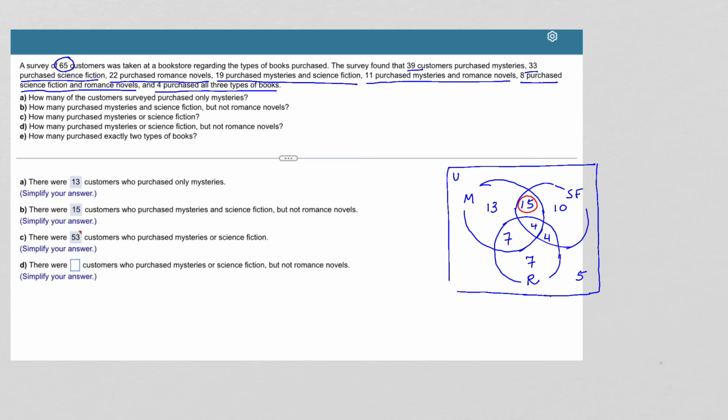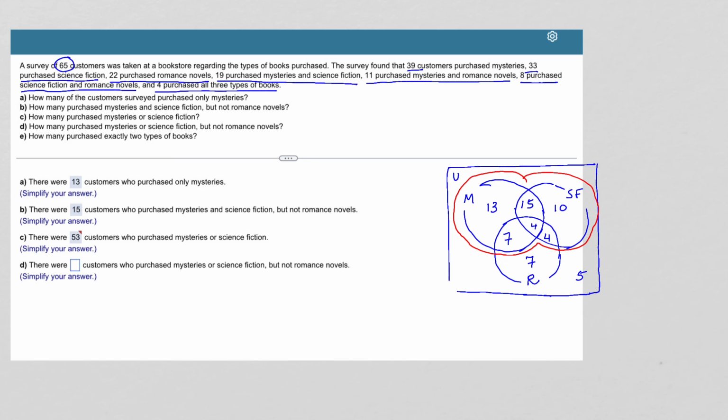So next, we want to know how many customers purchased mysteries or science fiction. And there's two ways to go about this. What I can do is say mystery or science fiction is everything within these two circles.